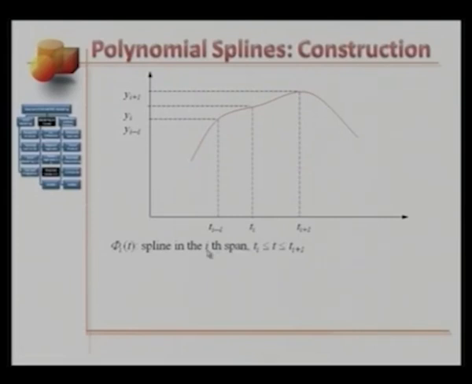The ith span would be corresponding to the values of t in between t i and t i plus 1. So here, this is the ith span. Let's assume that in the first span, for values of t in between t0 and t1, phi 0 at t0 and phi 0 at t1 are known.